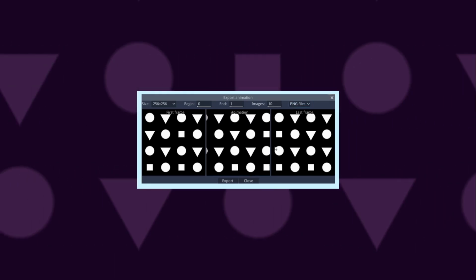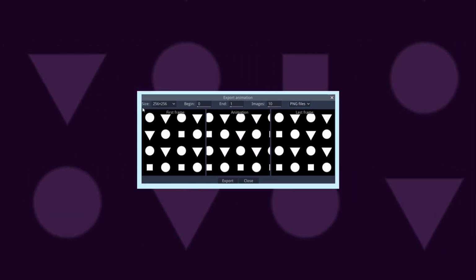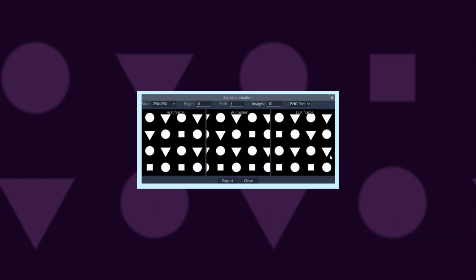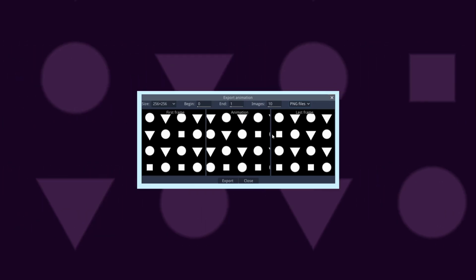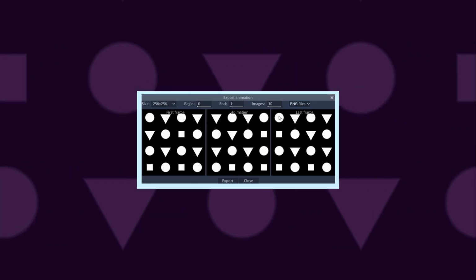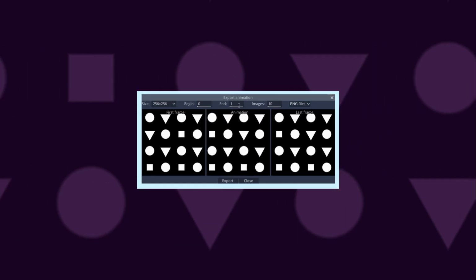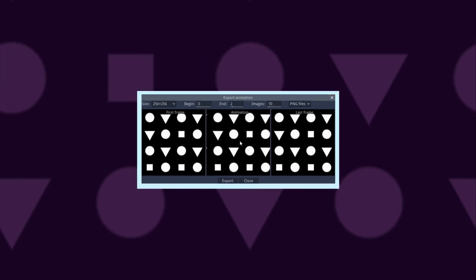If we want our animation to be looping, we'll have to match the first and last frame. To help us with this, we get an animation preview. Once we match our first and last frame, we can simply export.